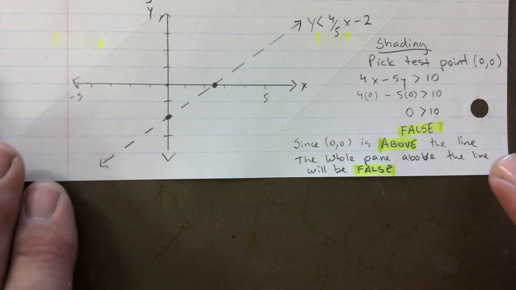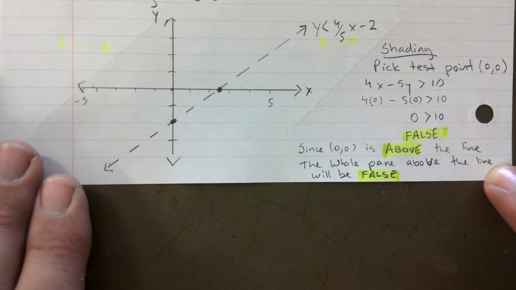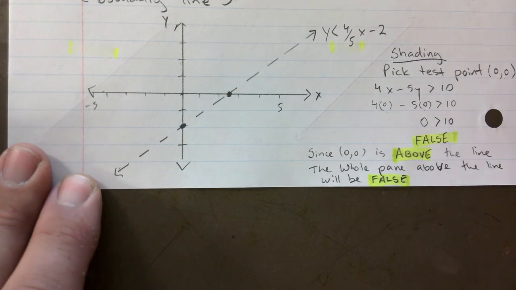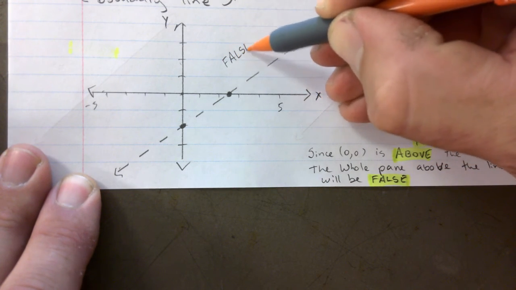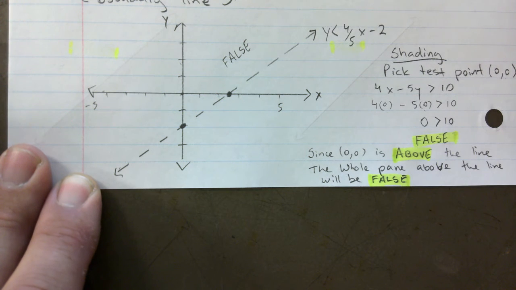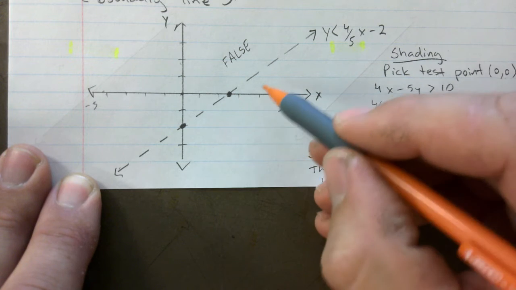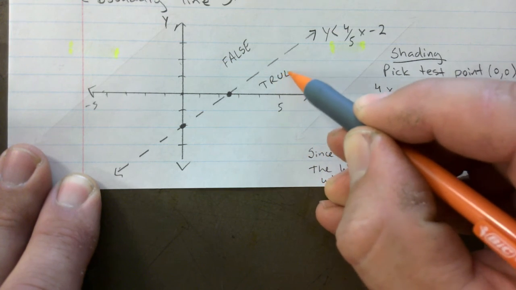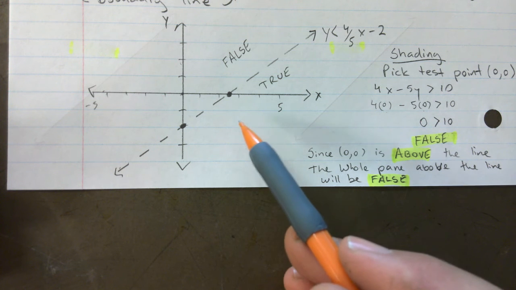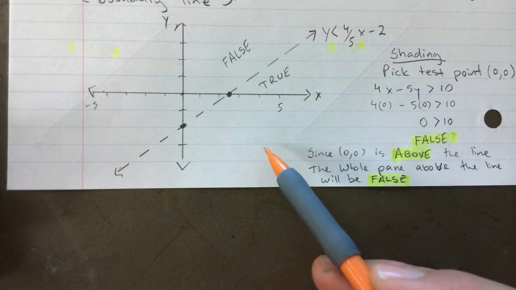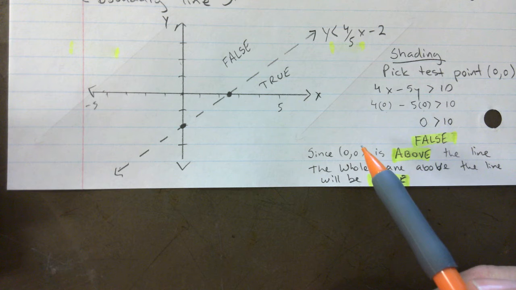Before you even shade, let's go to our graph and just write false here. If one side is false, then the other side is true, by definition. If you don't believe me, we could pick any point in here, run it through our inequality, and it should be true.